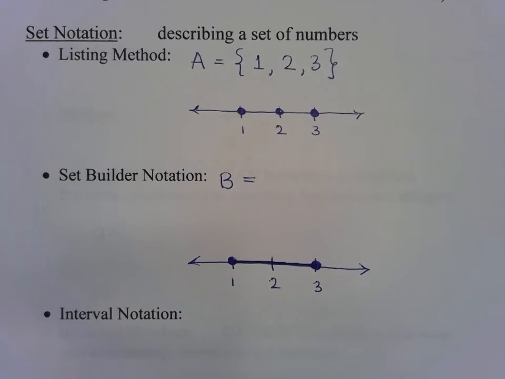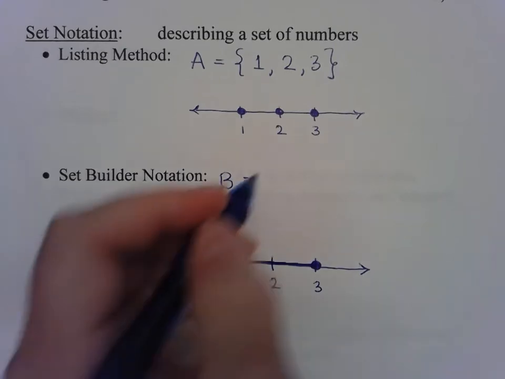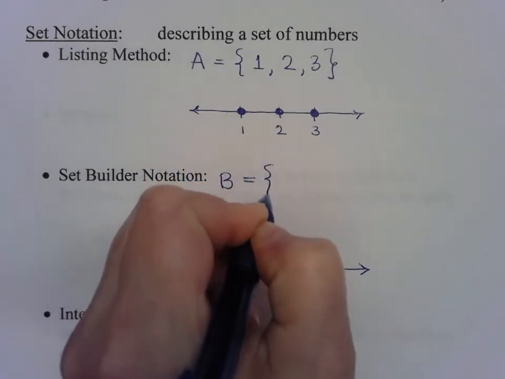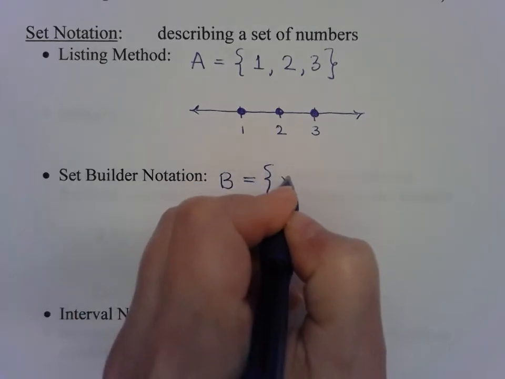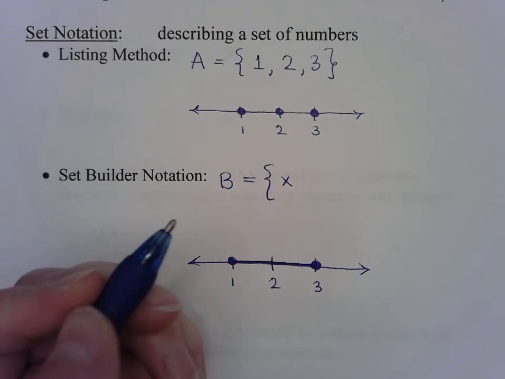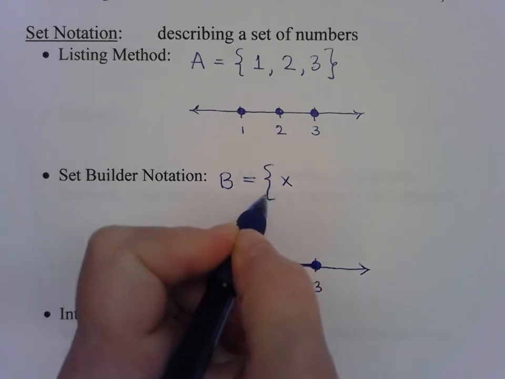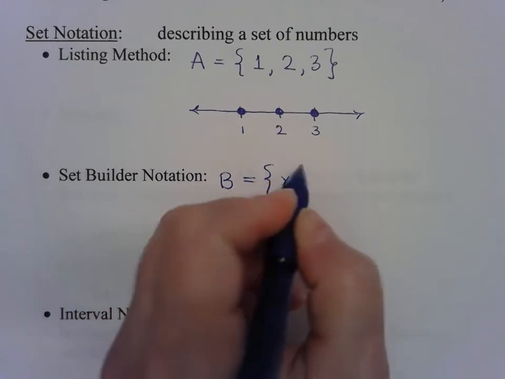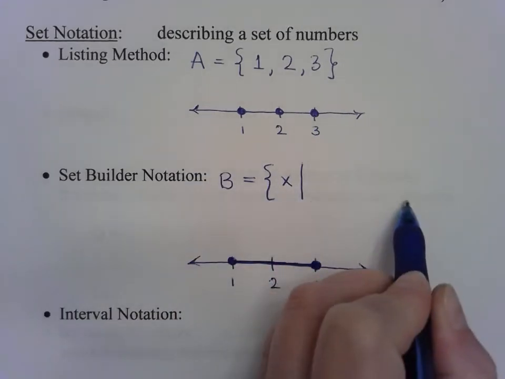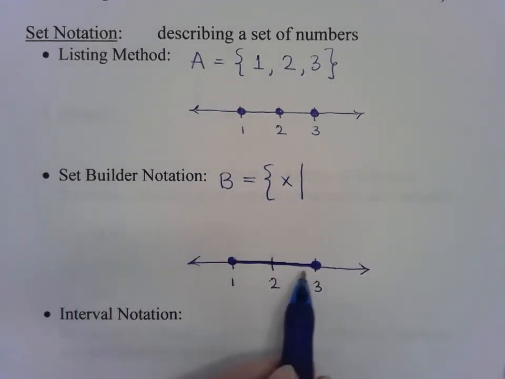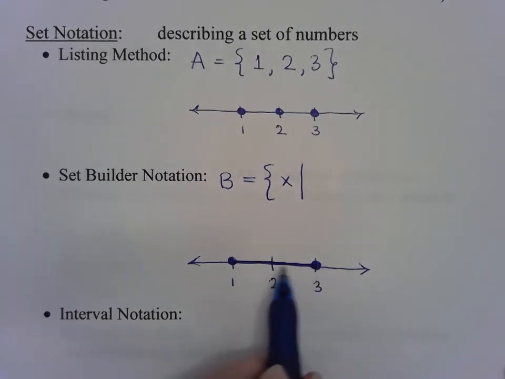We use something called set builder notation, where we choose a variable to represent any of the numbers in this set. I'll just use x because that's the most common. So we're going to write set B as the set of all x such that, and then we're going to list a criteria so that x will have to lie in this range.